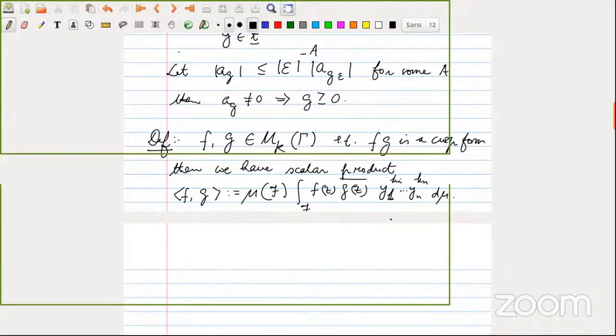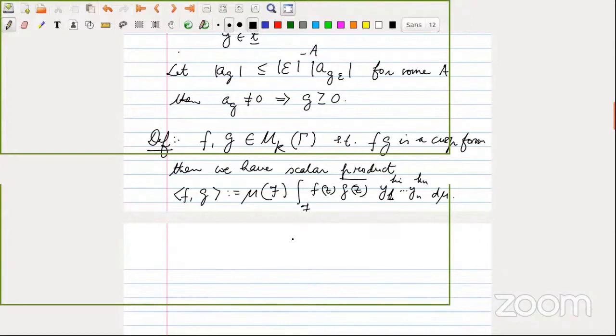When I have only two copies of the upper half plane and parallel weight, I have only y_1 and y_2 here. This is what we wrote. But to define the scalar product, we can define it without this factor mu(F). This is what is usually written, and I have also written it so that there is less confusion. And here F is a fundamental domain for Gamma, so everything remains the same.